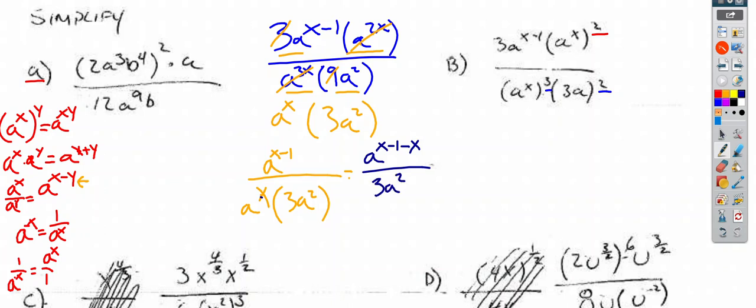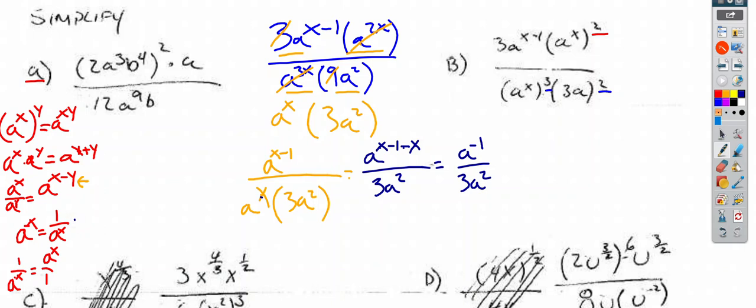Well, what is x minus x? 0. Oh, okay. So that gives me a to the negative first over 3a squared. Now, we know we cannot leave an answer with a negative exponent. So that's when this rule here is going to come into play.